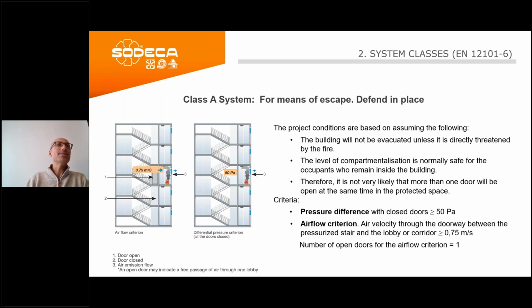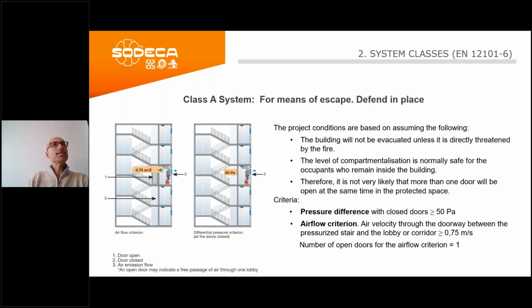It means that they have to protect the stairwell during the fire fighting period. Bear in mind that the more time passes, the more ferocious the fire becomes. So with these 2 systems that are Class B system and Class F system, we will need more stringent criteria.